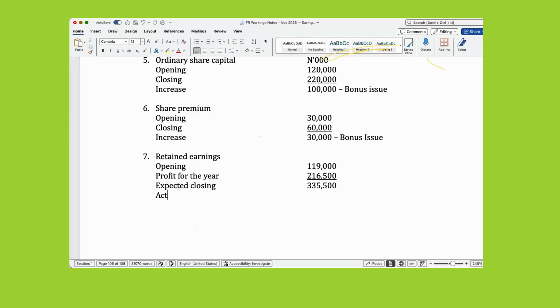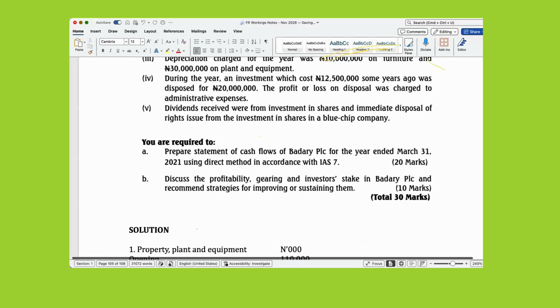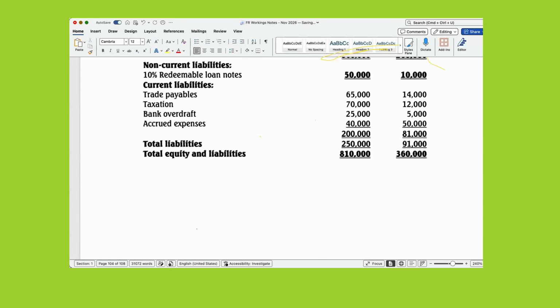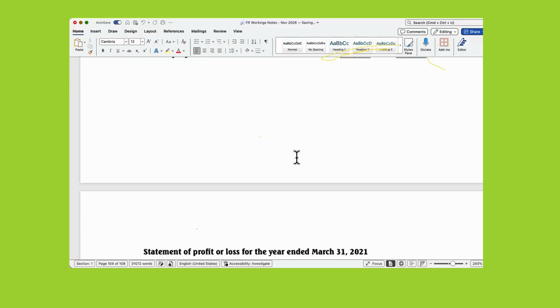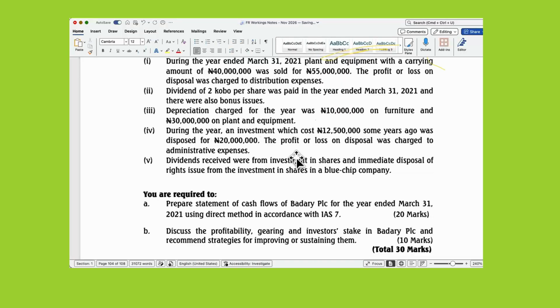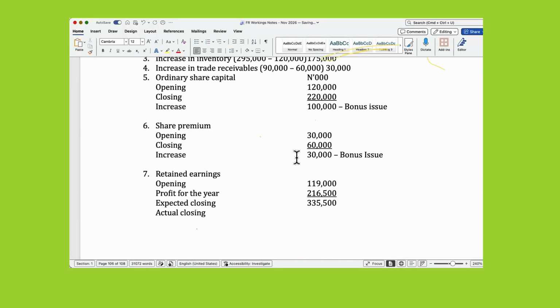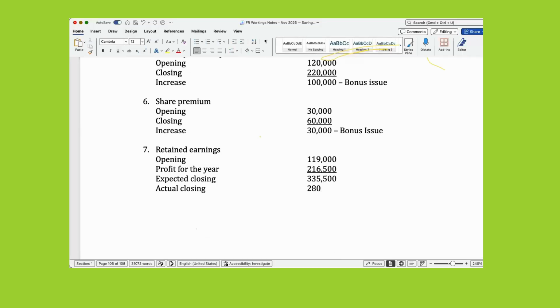So what was the actual closing? Somebody shared the question on the group. I was talking about the actual closing, not the expected. The actual closing is 280.